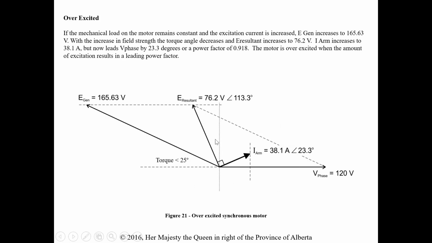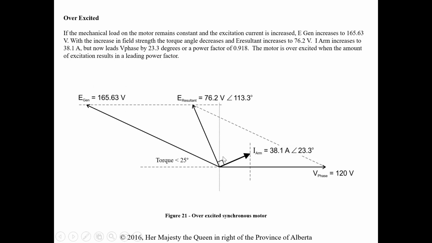Now the last one, overexcited. Obviously you can see it gets into a lead, but let's look at the phasor and see why. Again, the mechanical load remains constant, the excitation current is increased, and E-gen is now higher, because if we increase the excitation current, we're cutting more lines as that's spinning around, and we're going to induce a higher value of counter EMF, which is this generated voltage here.